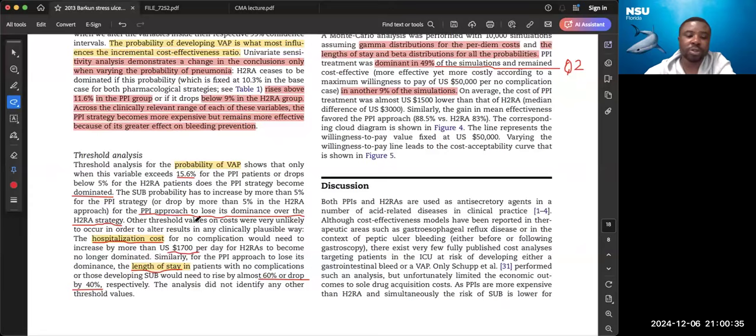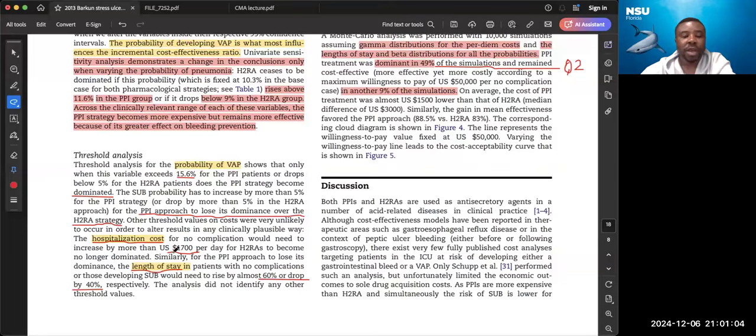It said other threshold values on cost were very unlikely to occur in order to alter results in any clinically plausible way. The hospitalization cost for no complication would need to be increased by more than 1,700 per day for the H2 array to become no longer dominated.